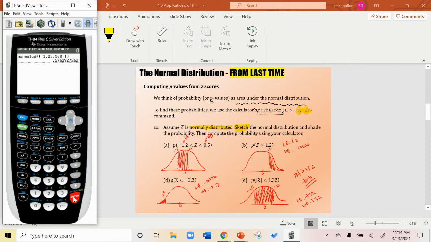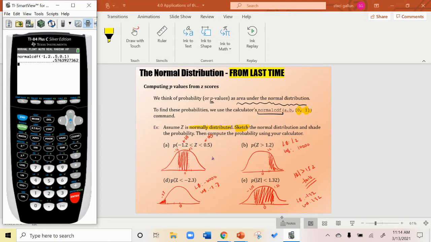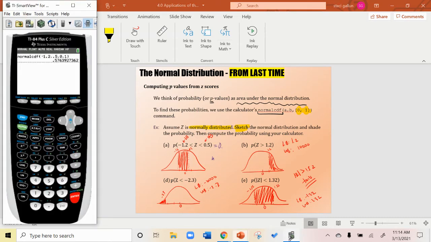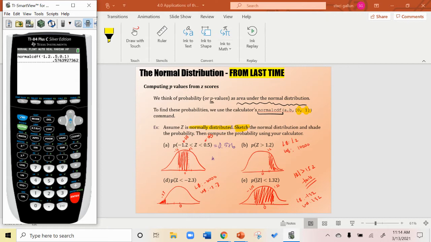And I've got this, right? So like almost 50% falls between those two. Let me write. So the probability would be 0.576. Right here. Second vars, let's do it again.